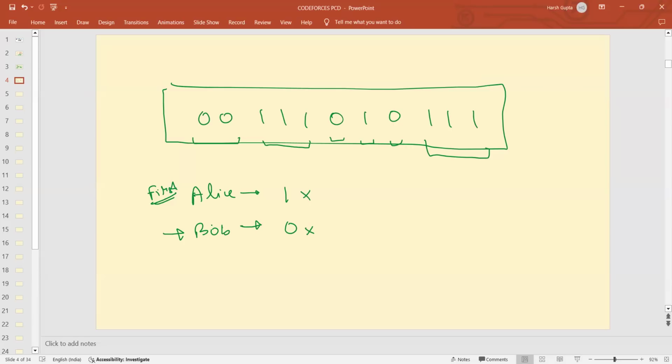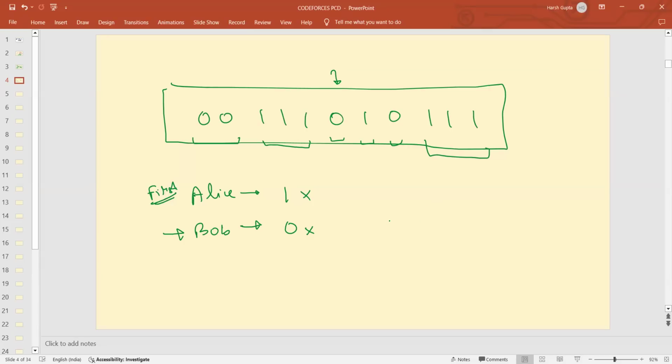So they ask you how many bits in this particular question you should flip so that Bob wins the game definitely. There is no chance for Alice. Okay, so this is the question. So how to solve this?